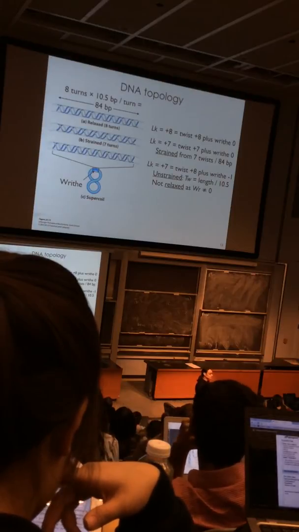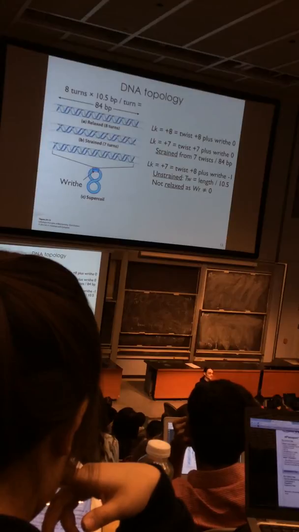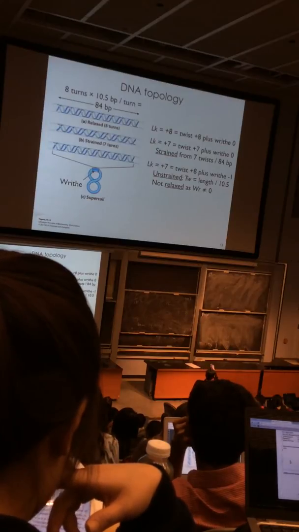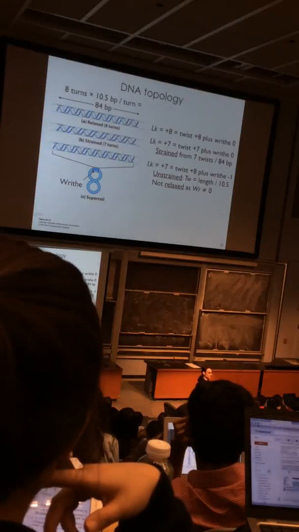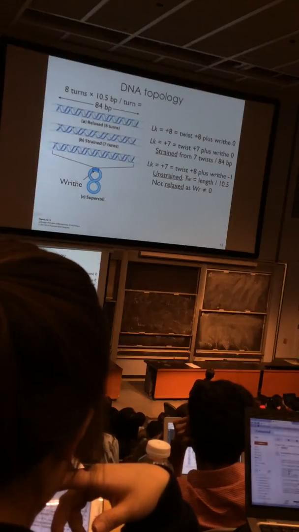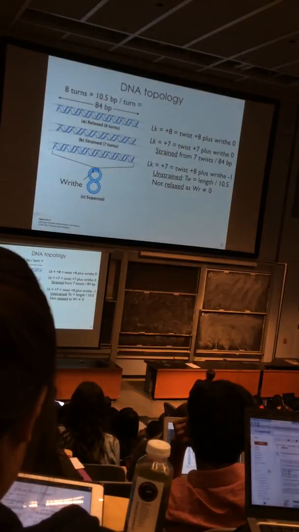In order to return to a favorable B-form conformation, what this DNA will actually do is adopt negative writhe. In other words, the double helix will twist around itself, and by doing that, it will introduce more twist into the individual strands and return to a twist of +8.